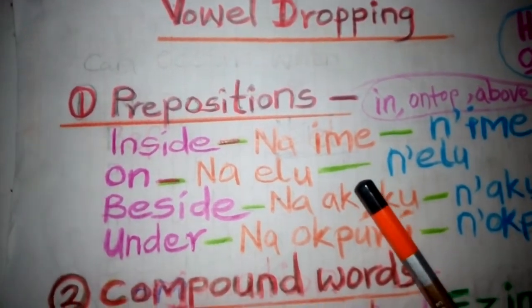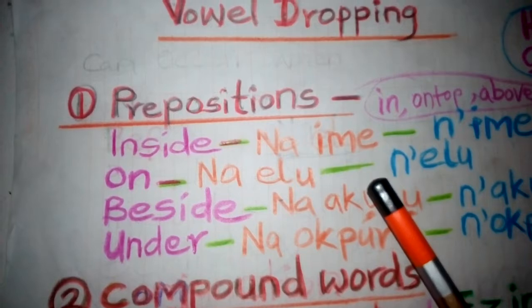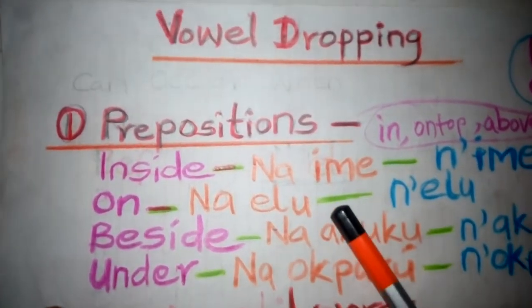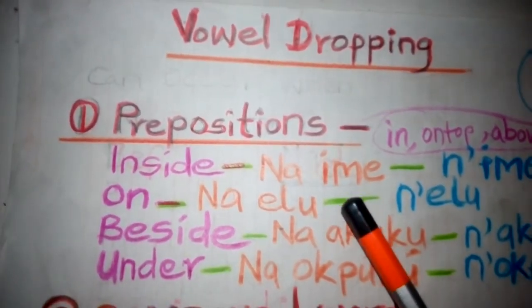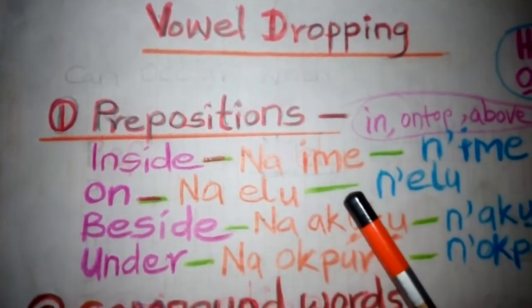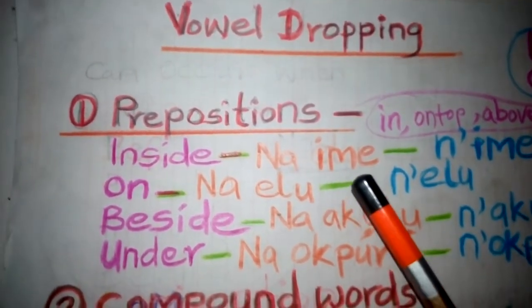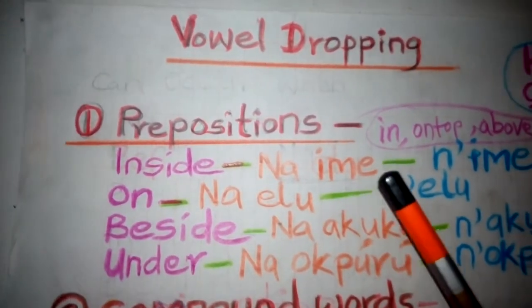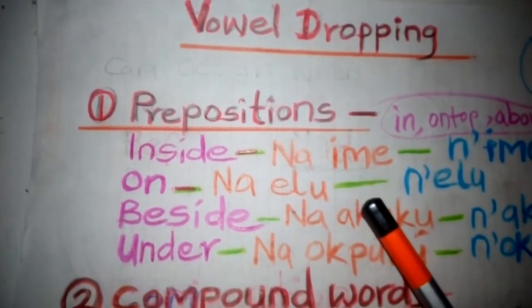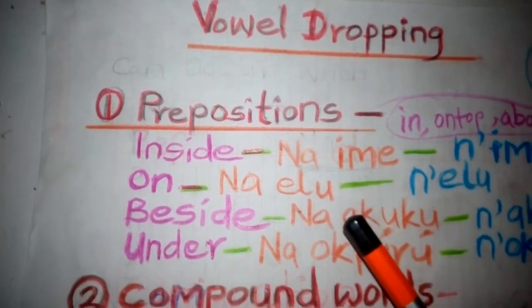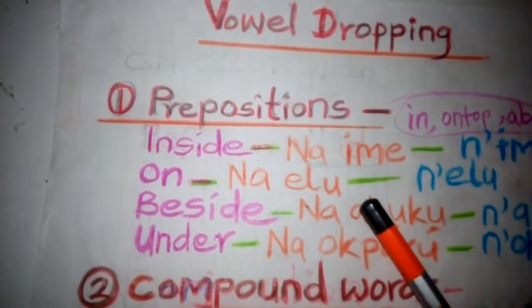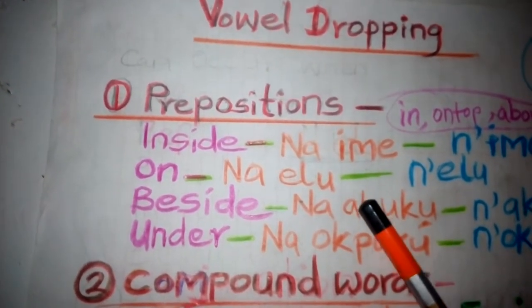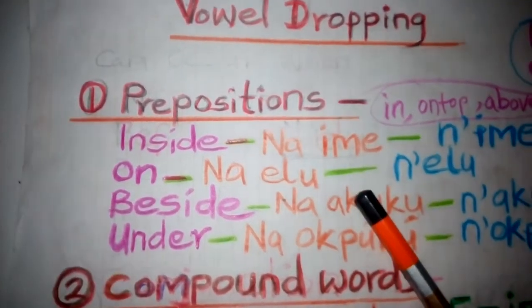One is when na, N-A, that's na, is used as a preposition. And the other is when you are trying to combine two small words to form a compound word.